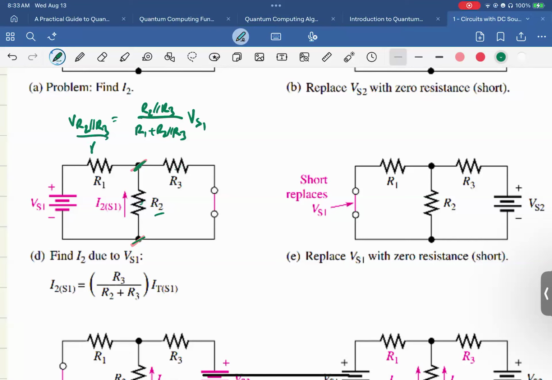So if you divide everything by R2 here, i-divide nito by R2, then you get I2. In this case, nilabel niya to as S1. Okay, S1 kasi shorted yung source 2.